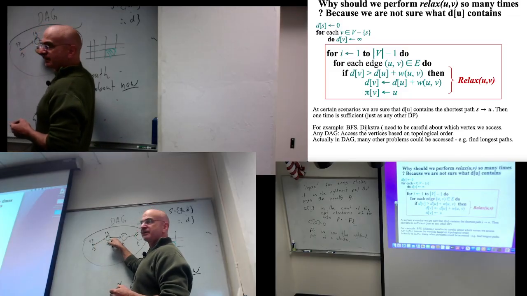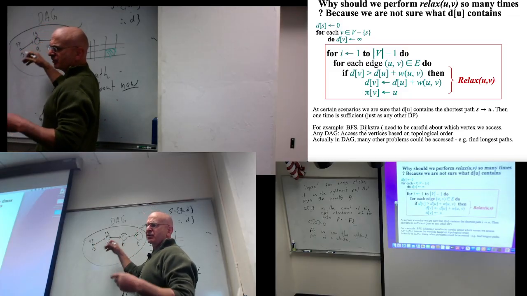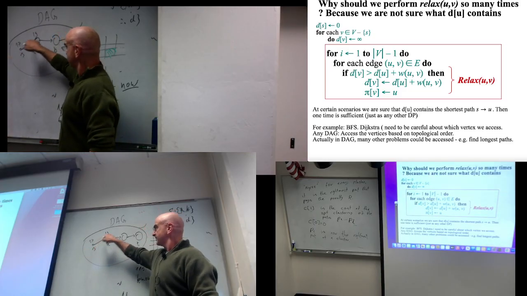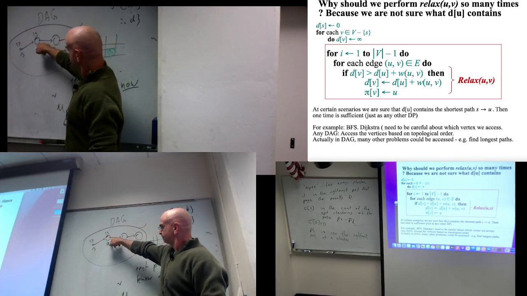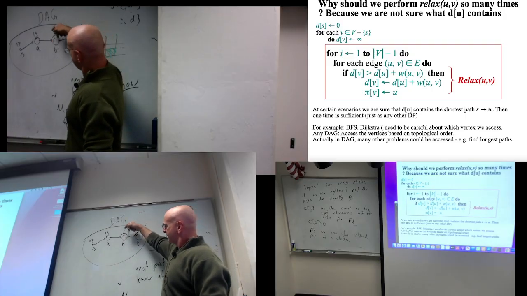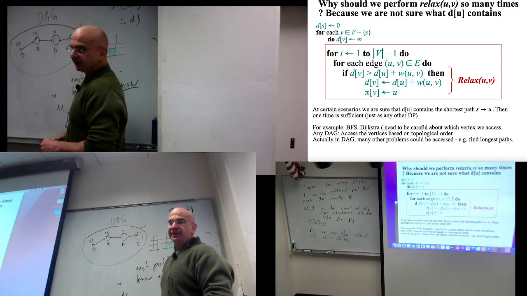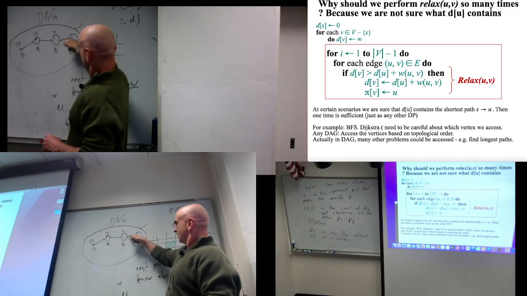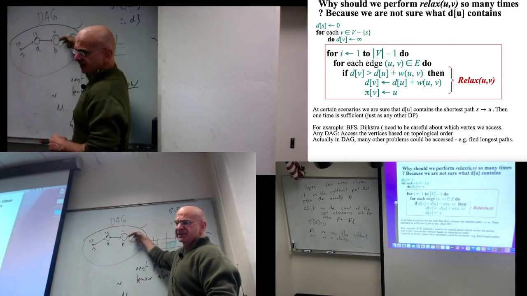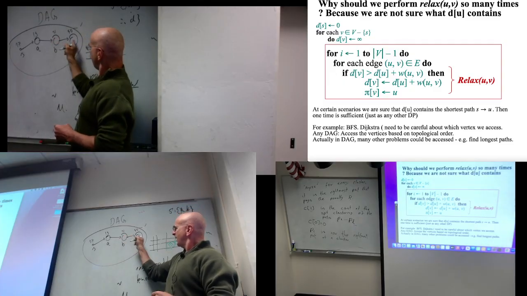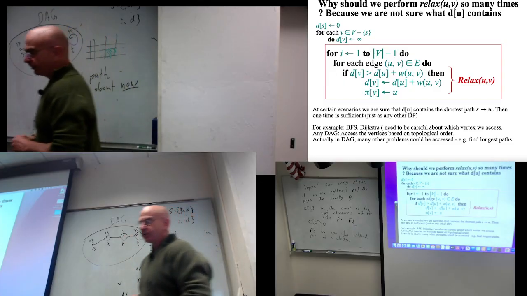Definitely larger than 17, because there is an edge, and topological sort says if there is an edge from U to V, then the label of U is smaller than the label of V. The label of B, for the same reasons, must be larger than the label of A. Another edge from B to T. Again, that's the shortest path, but it will be true for every path, larger than the label of B.